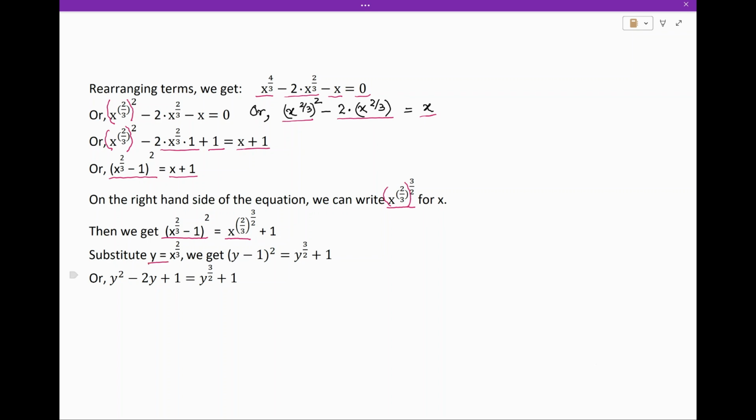Substituting y is equal to x to the power of 2 by 3, we get the equation y minus 1 whole squared is equal to y to the power of 3 by 2 plus 1, or y squared minus 2y plus 1 is equal to y to the power of 3 by 2 plus 1.